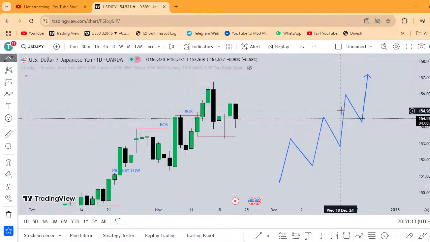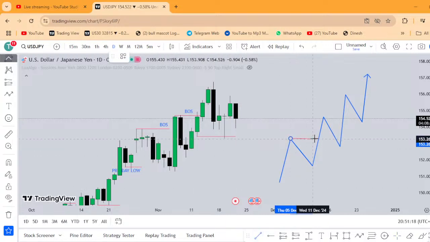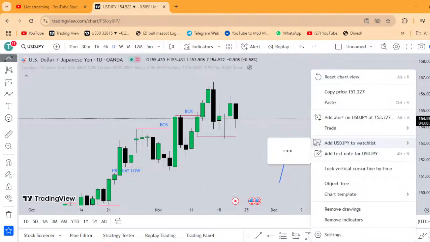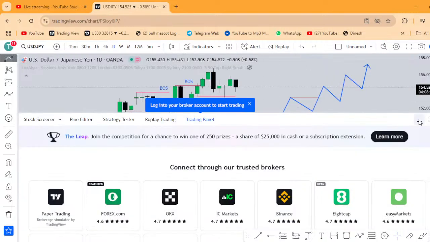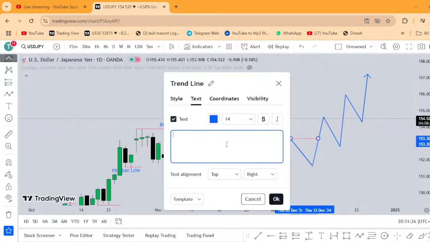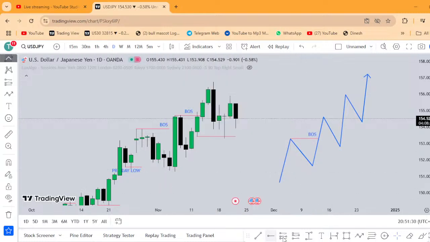So for price to continue pushing higher, we need to break market structure. We combine structure with liquidity. So liquidity, this is BOS. This is BOS, that is break of market structure. This is also BOS, break of market structure.